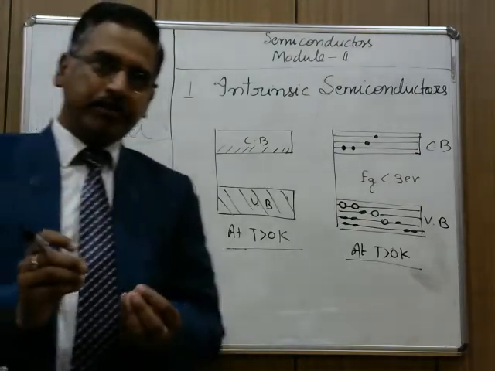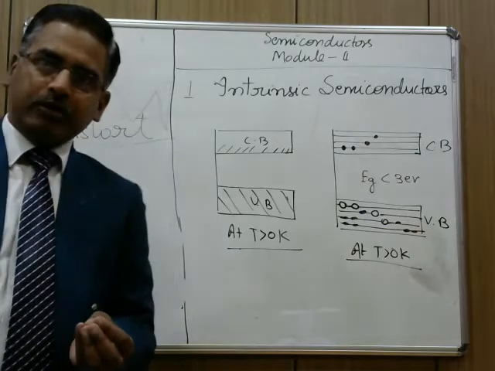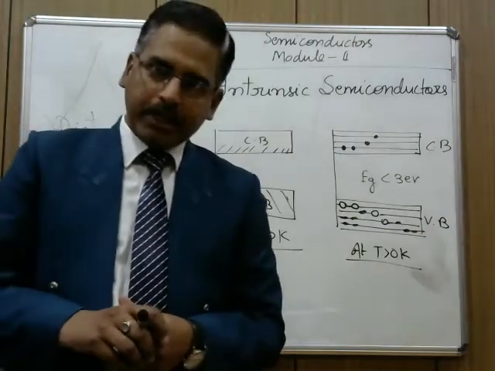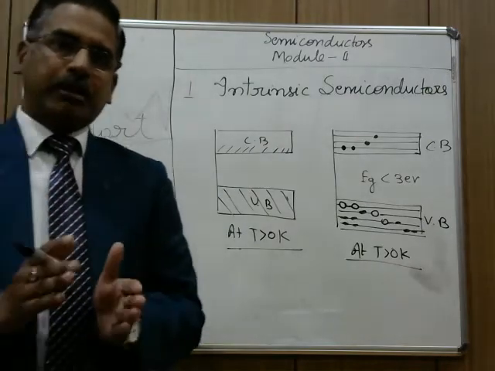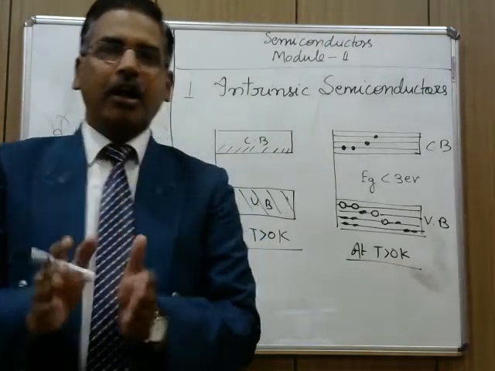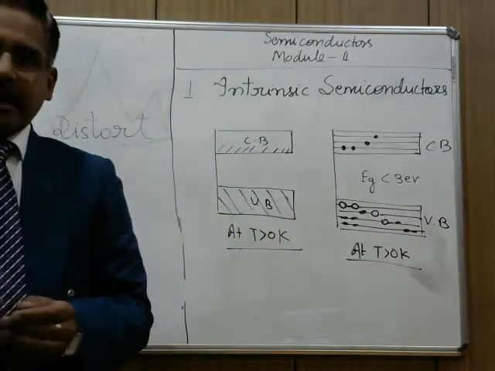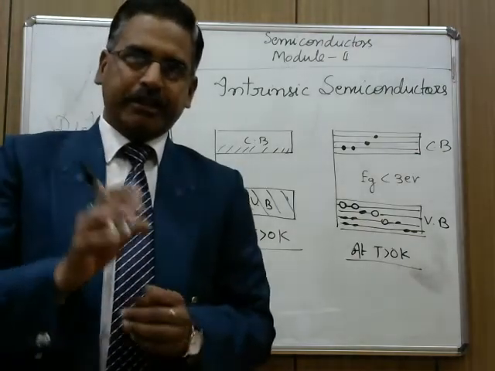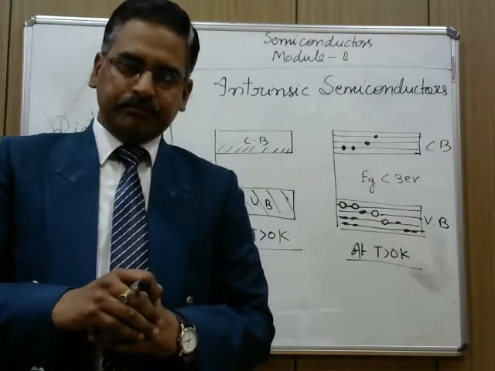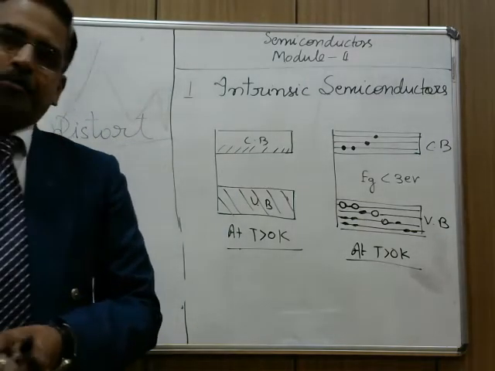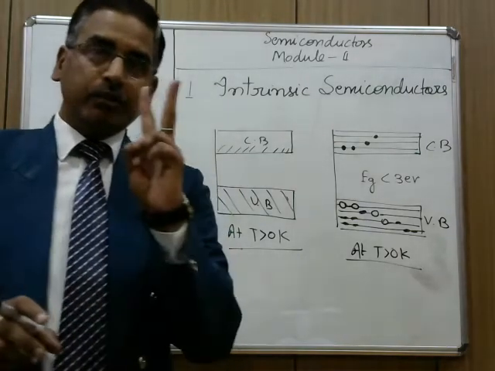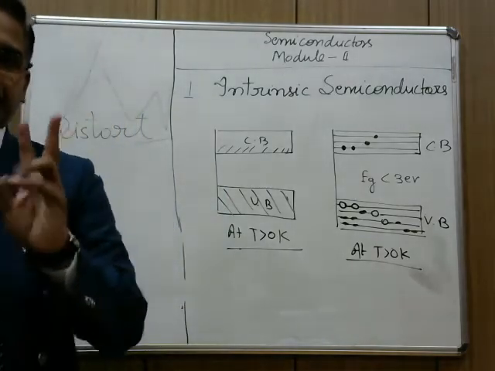Now how is it possible? When you are going to add some impurity atom, called a dopant, the size of the dopant should be of the order of the size of the atom of the pure semiconductor, meaning the size of the dopant should be equal to the size of the atom of the pure semiconductor. These are the two essential requirements for the doping process.